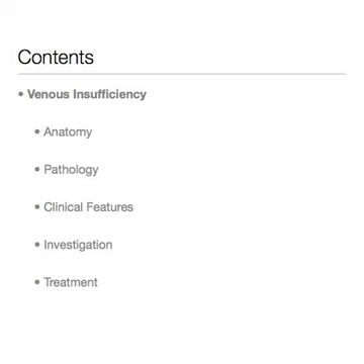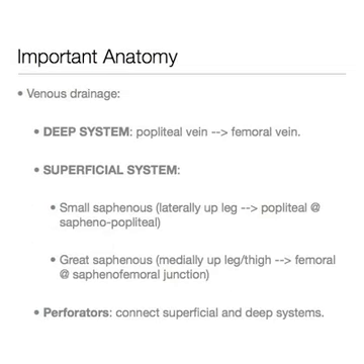In order to understand the disorders which affect venous drainage in the lower limb, it is first useful to consider the anatomy of the veins which drain the leg. The venous drainage of the leg consists of the deep venous system, which comprises the popliteal vein, which drains into the femoral vein.